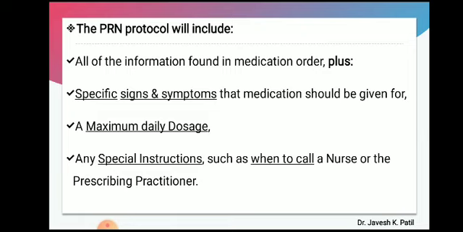Then maximum daily dose should be properly mentioned, it should not exceed the doses, there should be only a specific amount, and we have to calculate the maximum daily doses to be given and it should be mentioned in the PRN protocol.